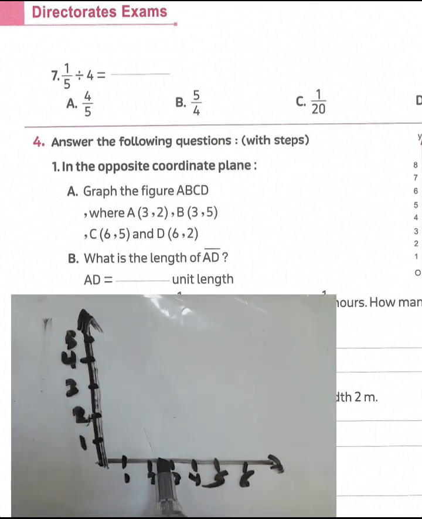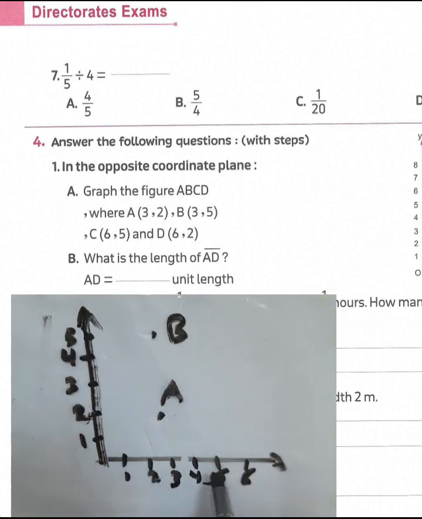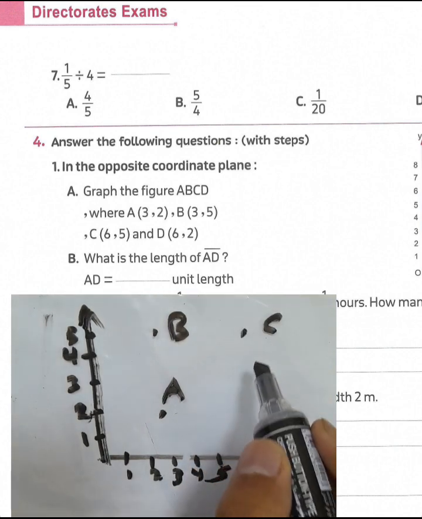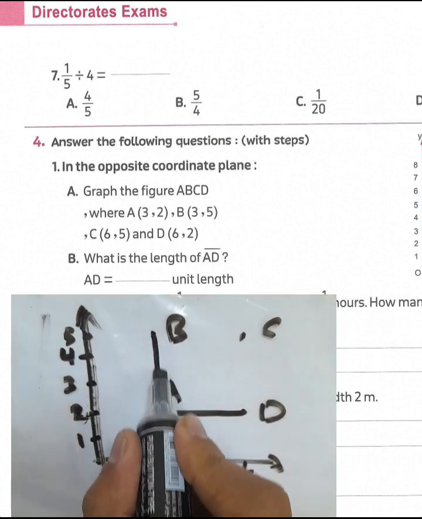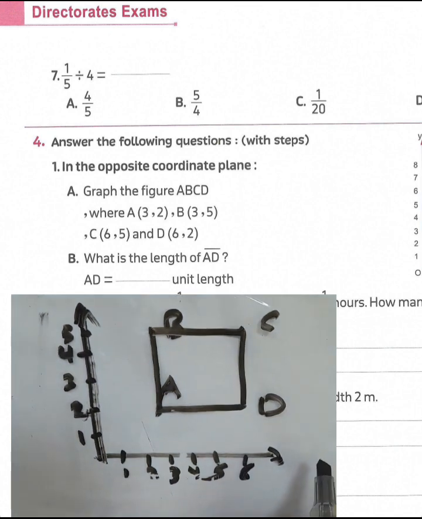The first point A, 3 and 2, going from 3 up to 2, it's point A. Point B, 3 and 5, it's point B. Point C, 6 and 5, 6 and going to 5 here, point C. Point D, 6 and 2. And then draw this figure ABCD.